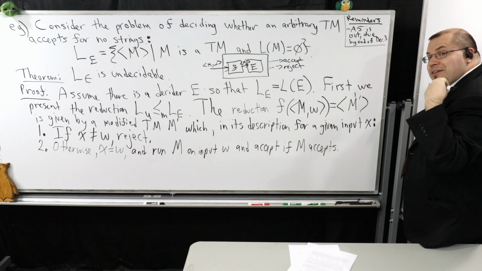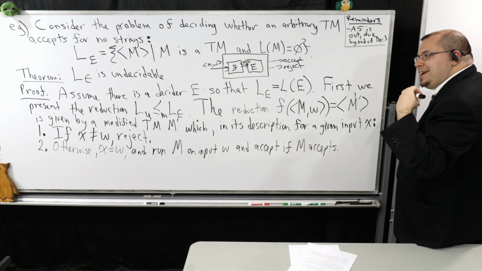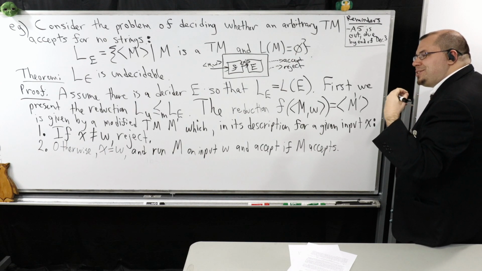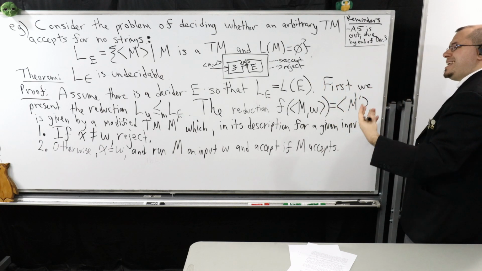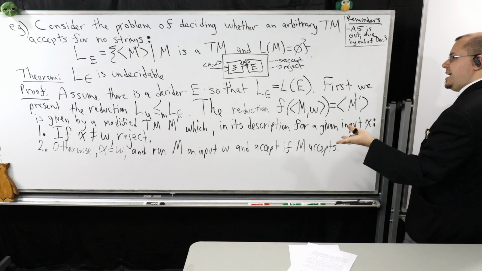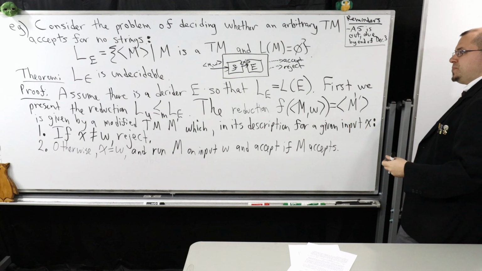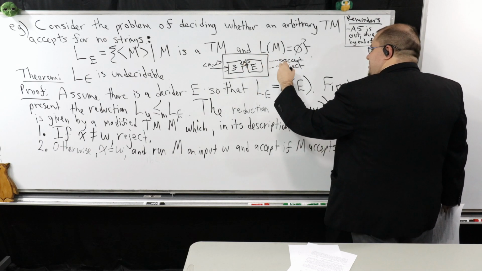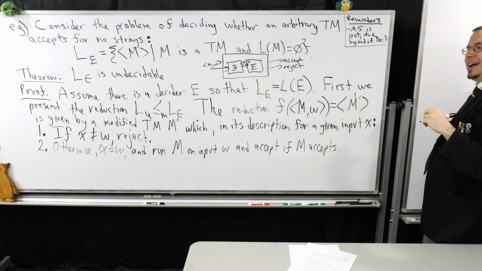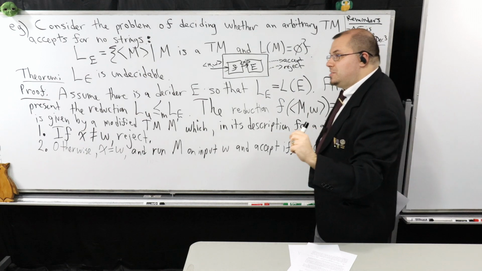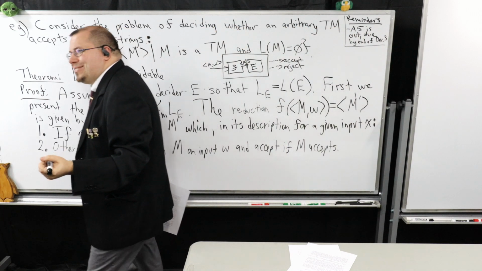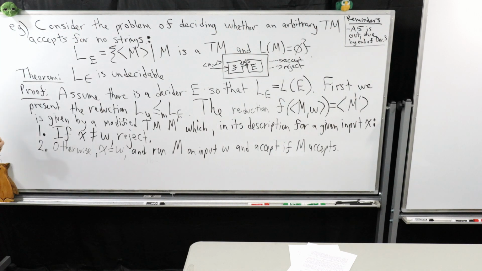My job right now is to show you, by contradiction, that using E, I can actually decide the universal language. So whatever's in this box, as long as this exists, I can decide the universal language. But remember, the whole idea here is that I know that the universal language doesn't have a decider, right? So that's how we're going to get this contradiction.